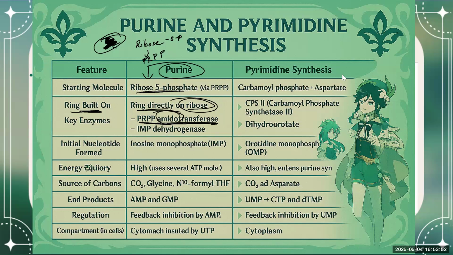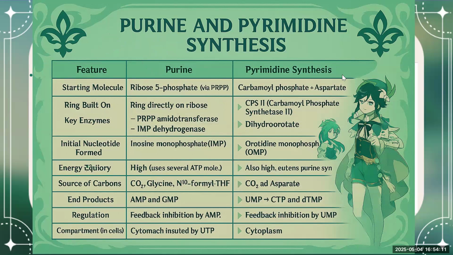From IMP, you form GMP, and you form AMP, right? And you need the enzymes there as well. That's the main thing in purine synthesis.